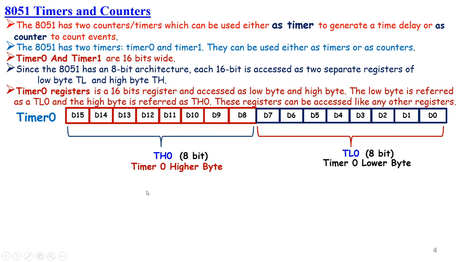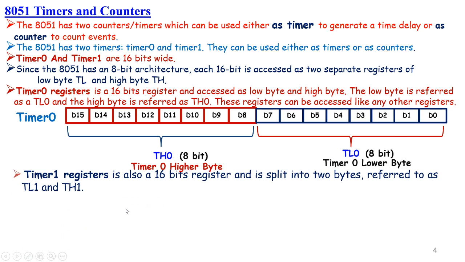The Timer 0 register is a 16-bit register accessed by the low byte and high byte. The lower byte is referred to as TL0 and the higher byte as TH0. This register can be accessed like any other register. The microcontroller can access it with TL0 and TH0.